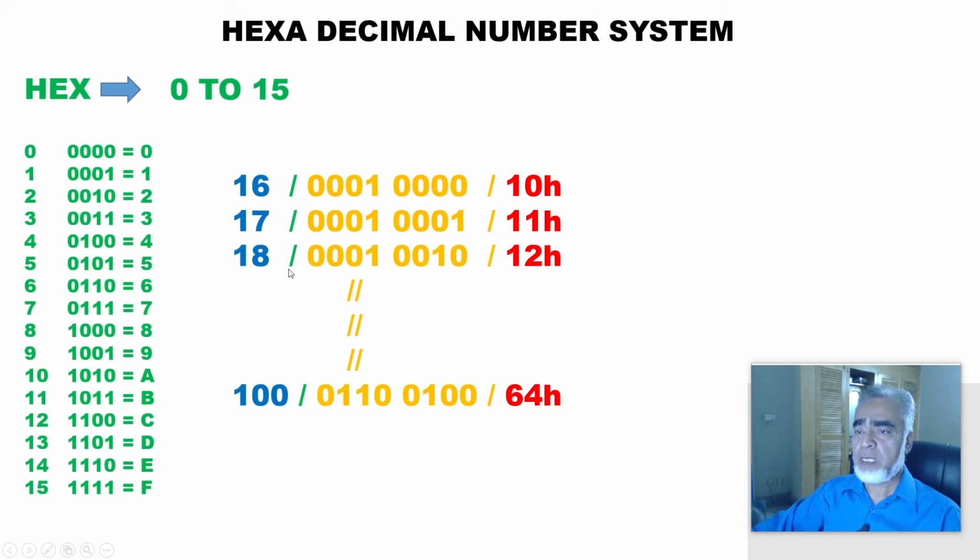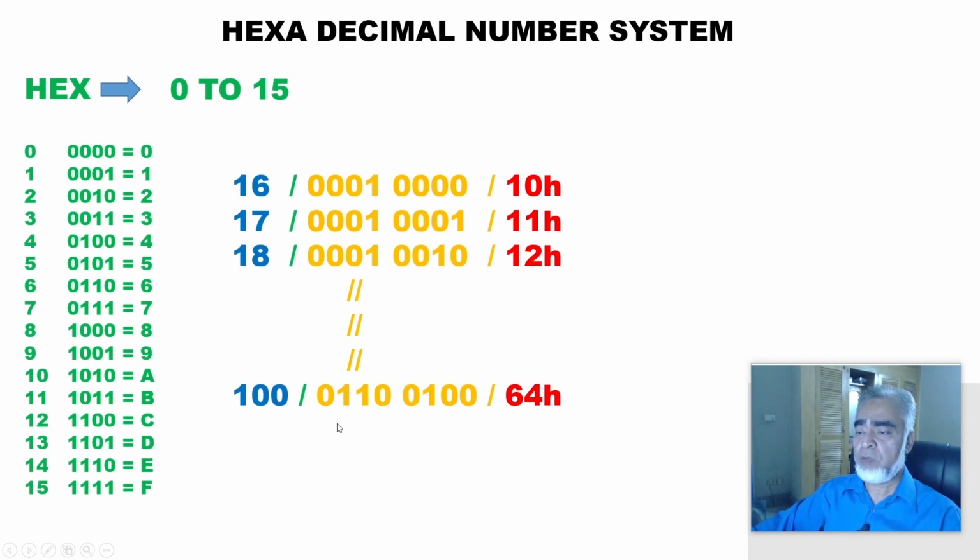To write the equivalent of decimal 16 in hexadecimal, we write 1 and 0, because after 1111 this bit will be 1. So we write 10, that is 16, or 10H. To convert decimal 17 into hexadecimal, we write 11H. For 18 we write 12H. And for 100 we write 0110, 0100, that is 64H.